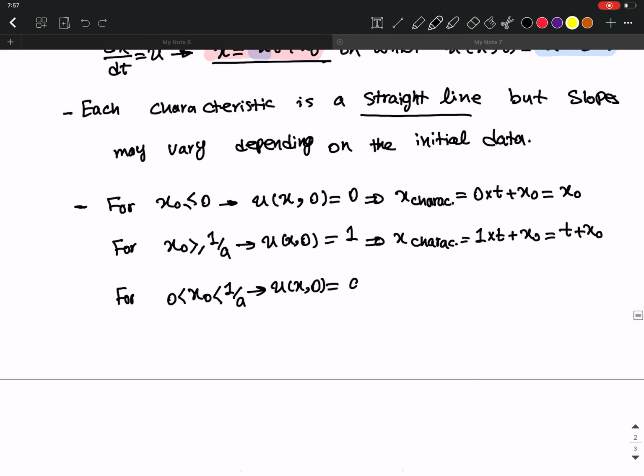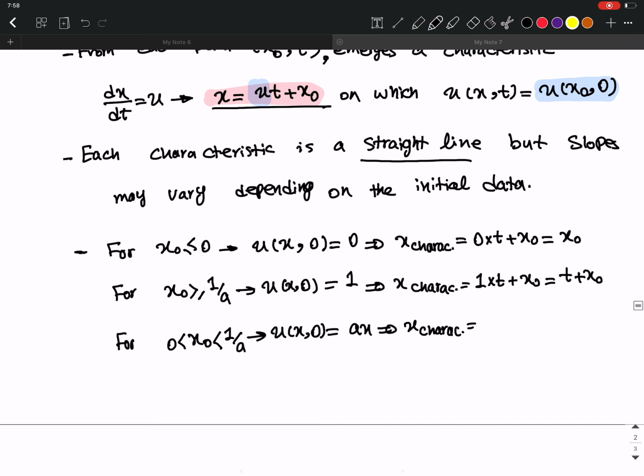So the characteristic curve for this condition, when x0 is between these two, is going to be u times t, which is ax0 times t, plus x0, right?